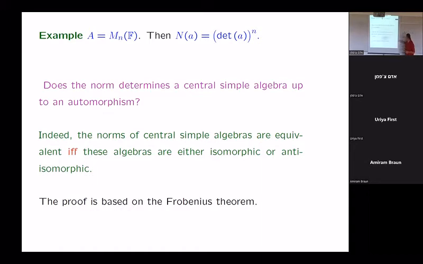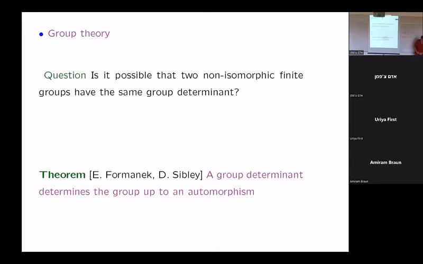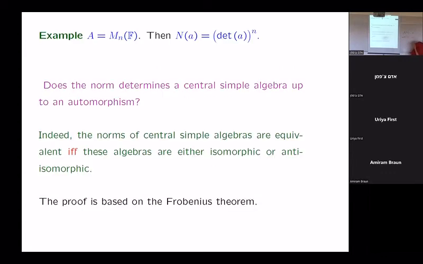And the answer is positive, and it is based actually on Frobenius's result. Yeah, I mean, positive means isomorphic and anti-isomorphic in this context, certainly.